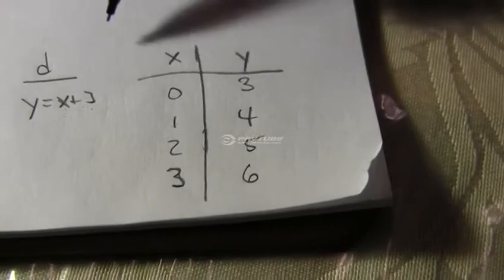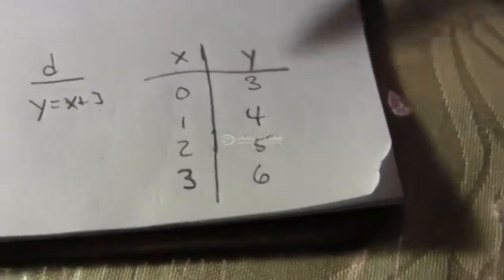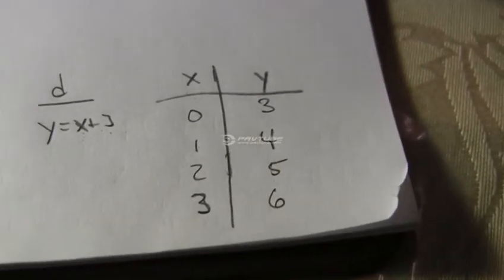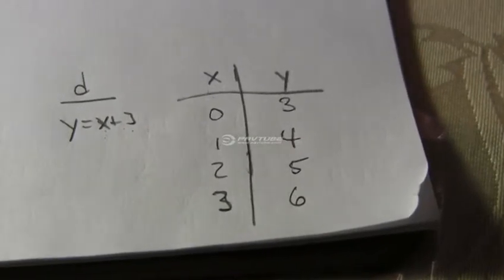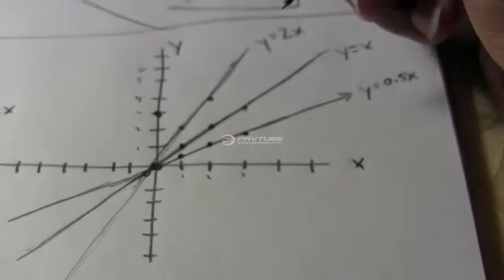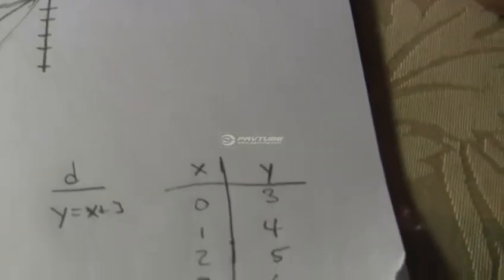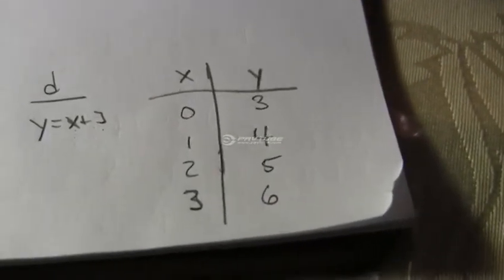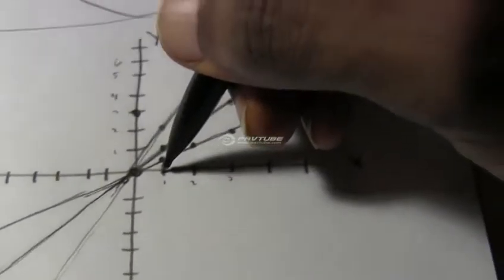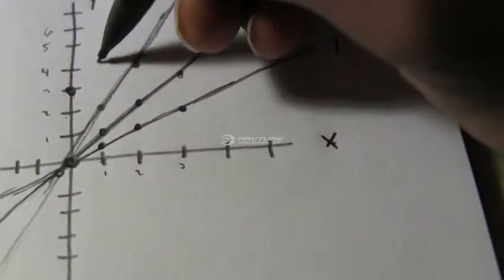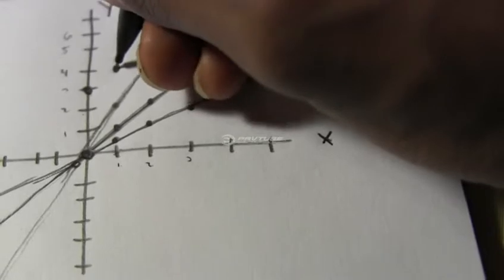So now let's come over here. When x is equal to 0, y is equal to 3. Okay, 0, 3. We'll keep going. 1 is equal to 4. 1, 2, 3, 4. It's all the way up here.